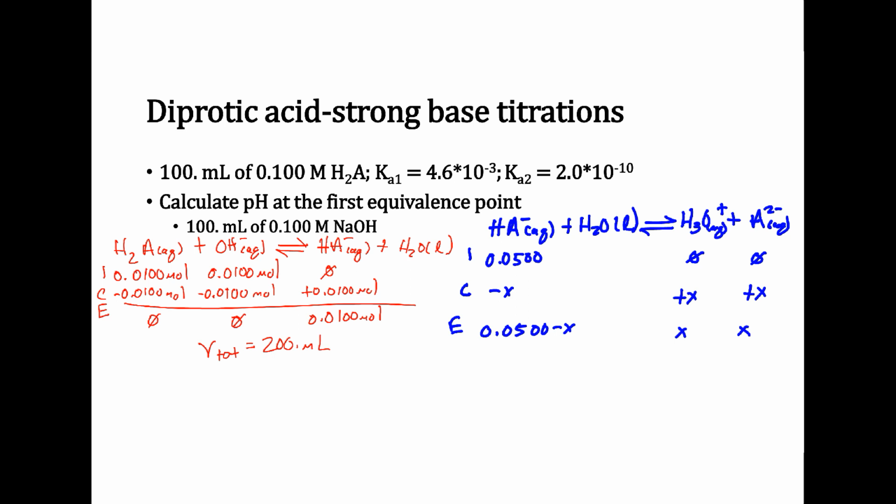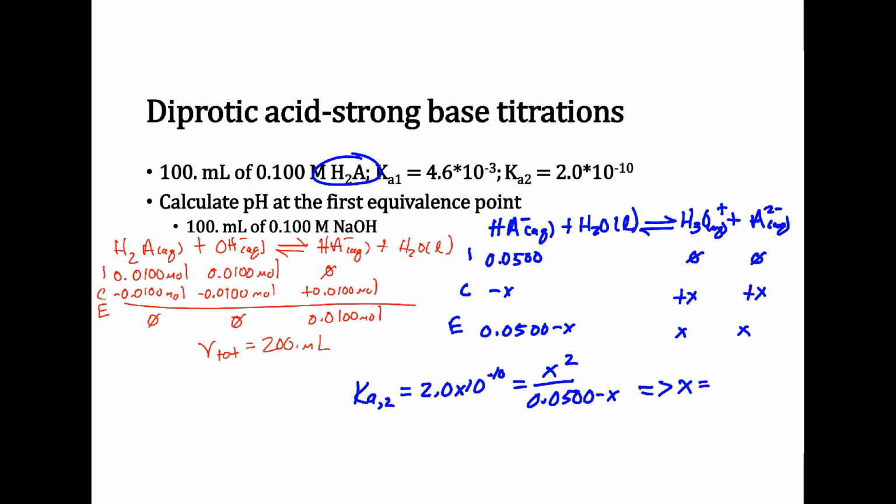So now we're going to use Ka2. We're done with Ka1 because we're at the first equivalence point, so we no longer have any of this polyprotic acid left. Now we just have the HA minus. So we can use Ka2, which is 2.0 times 10 to the negative 10th, which is equal to x squared over 0.0500 minus x.